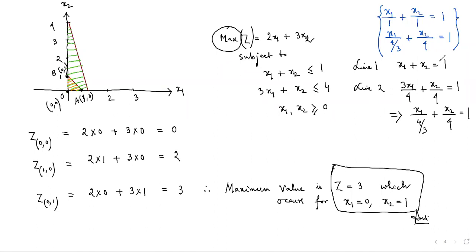If the mark is 5 or 7 and nothing is mentioned, I will definitely apply the graphical methodology for a 2-variable problem. But if it is a 2-variable problem and the mark is 10, obviously the examiner wants me to solve it by simplex, but somehow he missed mentioning it, since a 2-variable problem cannot have more than 7 marks. And if it is a 3-variable problem, then it is beyond question.